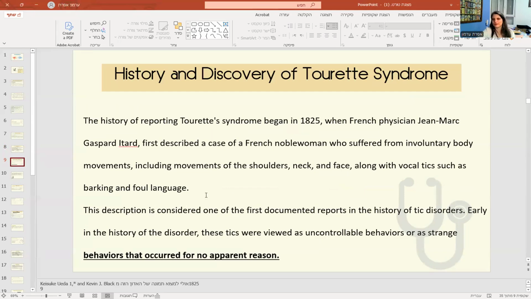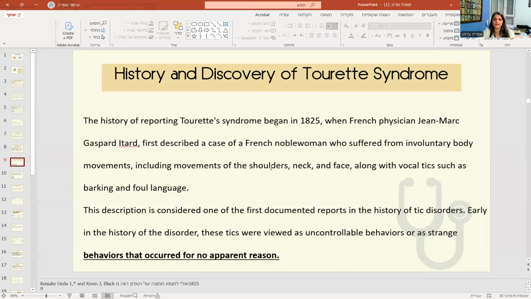History and discovery of Tourette syndrome. The history of Tourette started in 1825 with the physician Jean-Marc Itard.